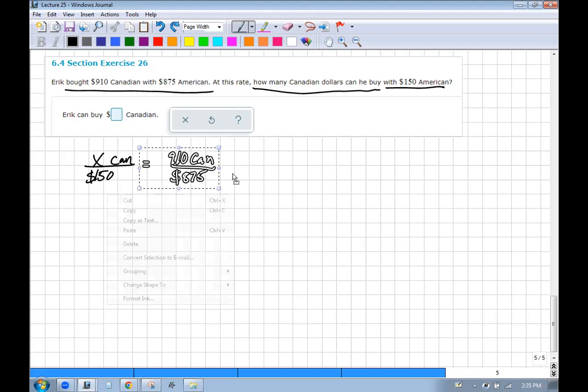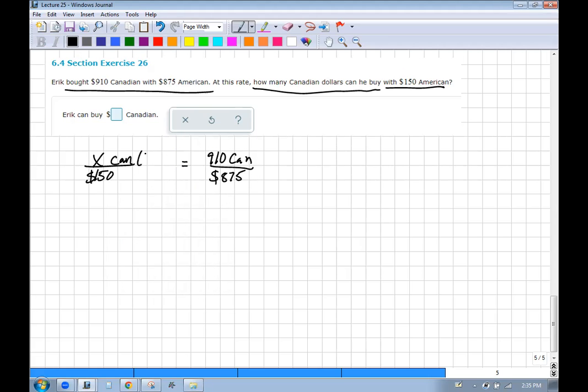So I can multiply both sides by $150. The American dollars cancel, and I get 910 divided by 875. 910 divided by 875 is 1.04 Canadian.